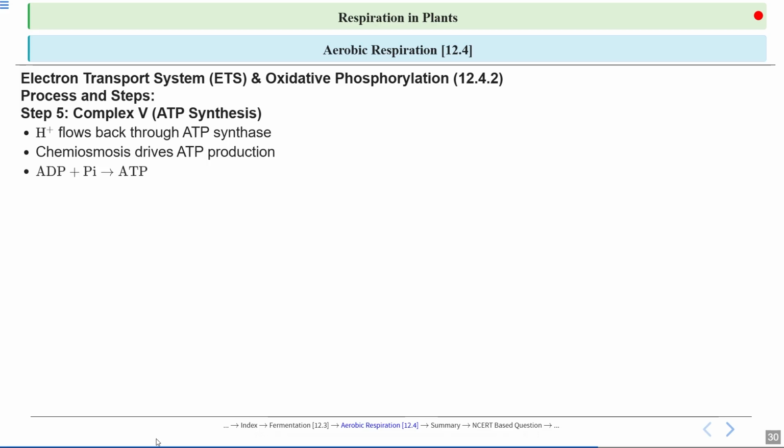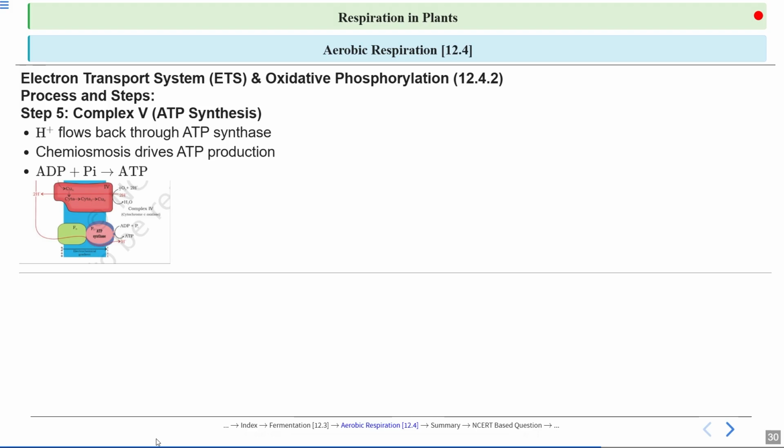So the actual reaction happening here is ADP plus inorganic phosphate joining together to form ATP. So this is ATP synthase, that is complex 5. Here the hydrogen ions flow back through ATP synthase and ADP reacts with inorganic phosphate to form ATP.